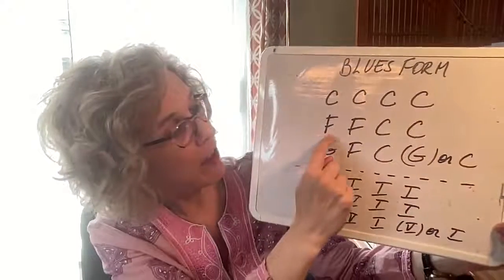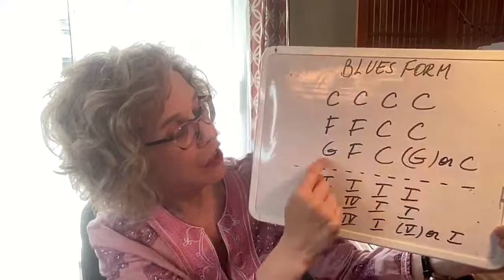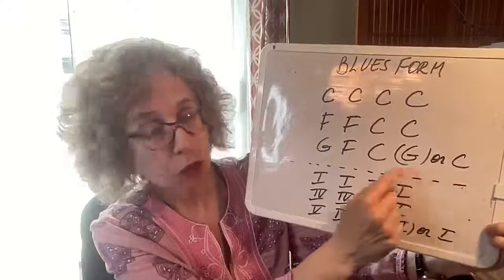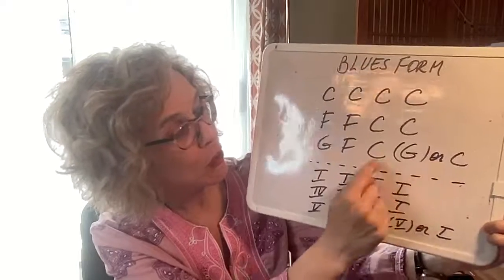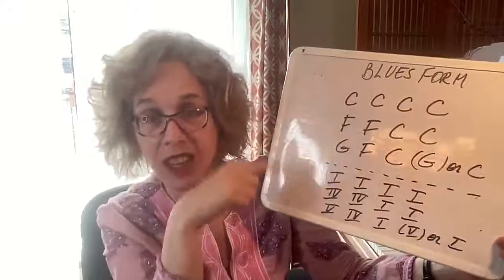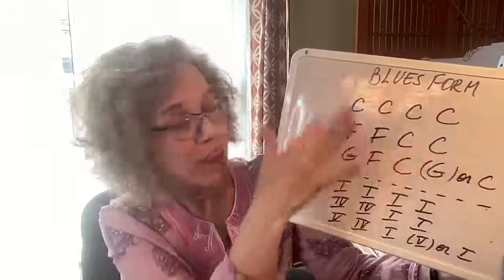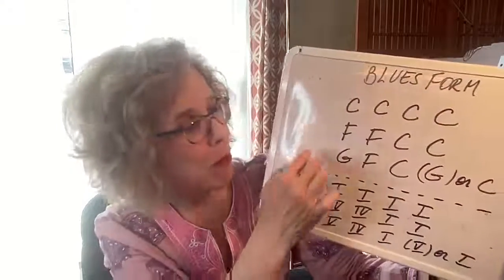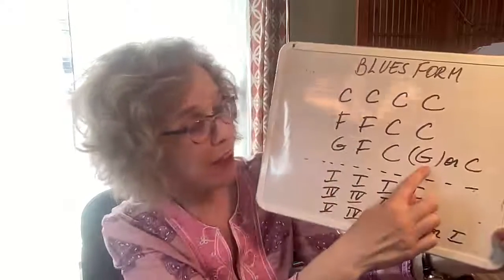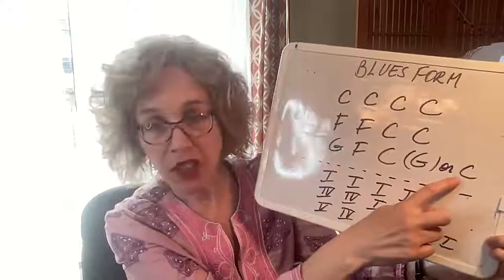And then you have the F chord for 2 bars, the C chord for 2 bars, the G, the F, and then 2 C chords to finish, but we always have a turnaround when we keep going over and over, in a loop in this form. So we have this G chord as a turnaround, and at the end we can finish on C.